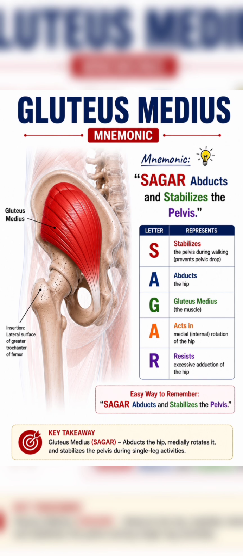G is for gluteus medius, which muscle, this gluteus medius muscle, and A for action in medial rotation of the hip also. And R is for resistance, it resists excessive abduction of the hip. So it is easy to remember Sagar. If you want to remember more, then remember the sentence Sagar abducts and stabilizes the pelvis. Remember this mnemonic if you can.